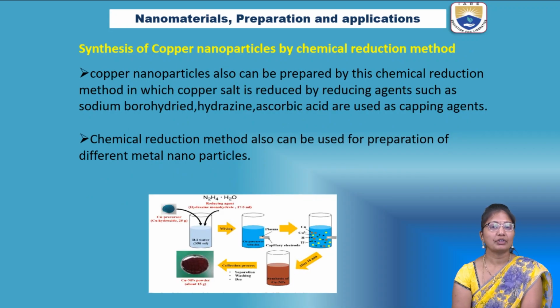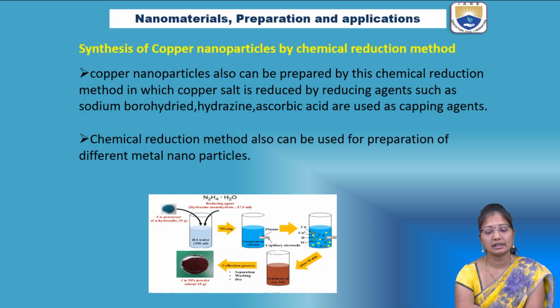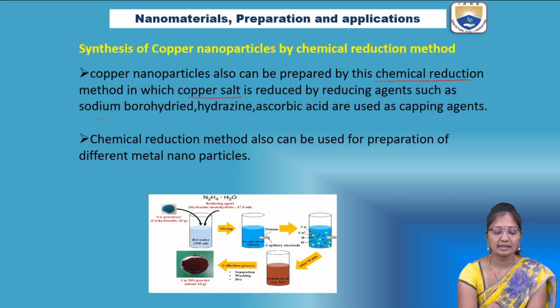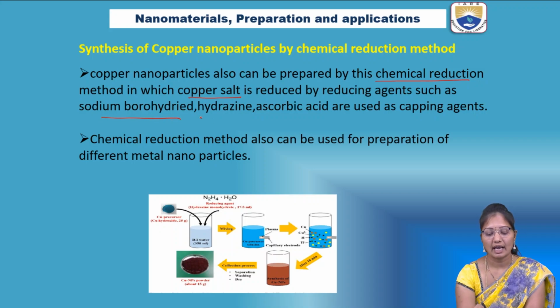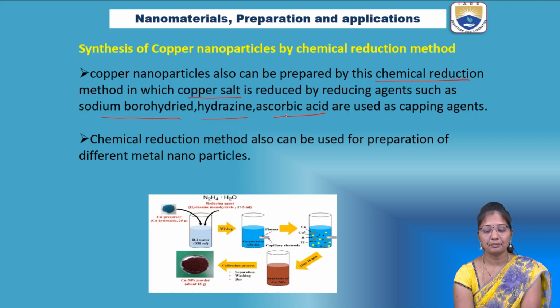Another method of this chemical reduction method is for the preparation of copper nanoparticles. Generally, these copper nanoparticles can be prepared by this chemical reduction method, in which copper salt is the metal salt, which is going to be reduced by some reducing agent such as sodium borohydride or hydrogen, and ascorbic acid is used as a capping agent.